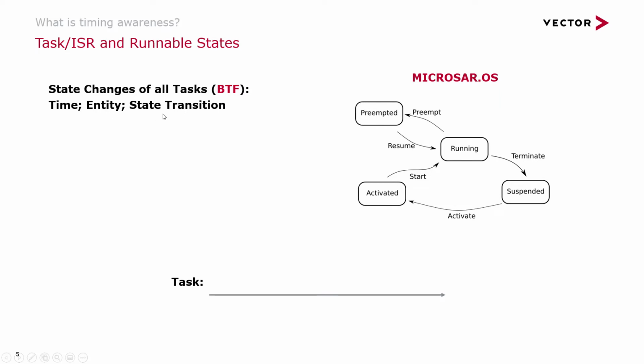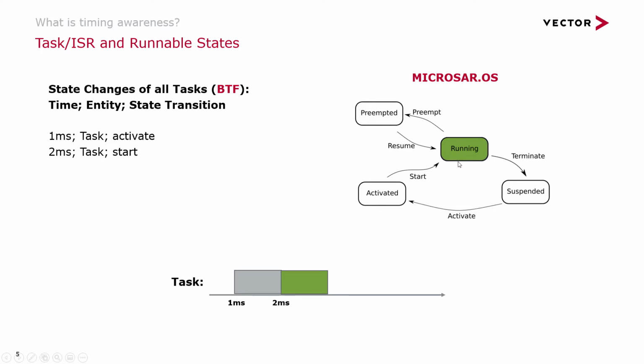So if we would walk through this model, what we would see now with our example task is that at the timestamp 1 millisecond, this task gets activated. So this means it's active, but it's not running on the core because another task with higher priority is still active. Now, after 1 millisecond, this task turns into the running mode. So it's now actively running on the core. From there, it has two possibilities.